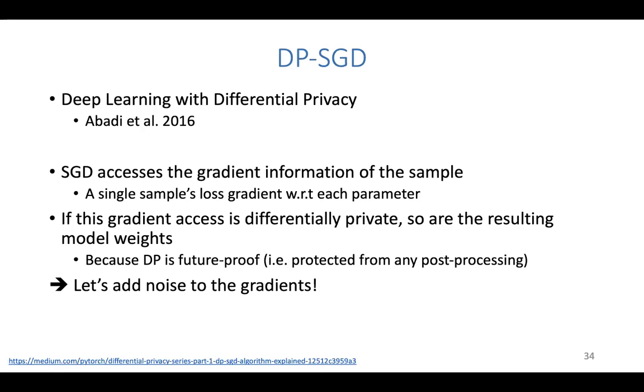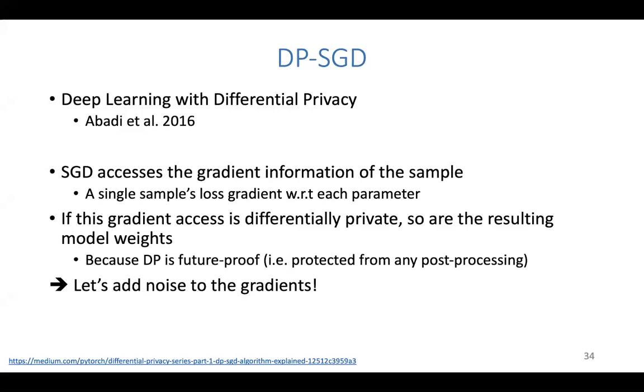I mean, updating your model parameters can be seen as post-processing. First you calculate the gradient, and then you average the gradient from all the samples, and then you multiply that by a learning rate, and then you subtract that from the current model weight. That is what SGD does. So that is the post-processing step.